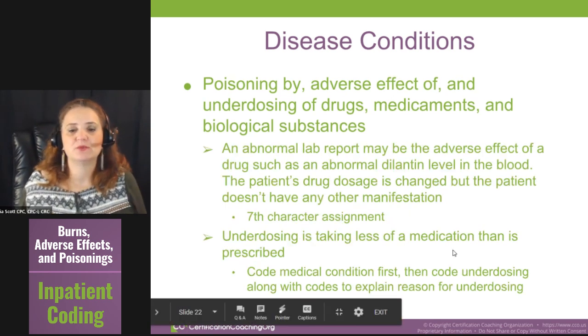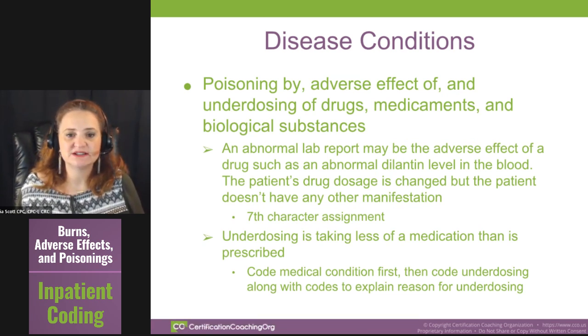When you have abnormal lab reports that will be associated with adverse effects, you could have like abnormal dilantin level in the blood. That's a good example. The patient's drug dosage is changed, but the patient doesn't have any other manifestation. So again, the seventh character is going to distinguish this.